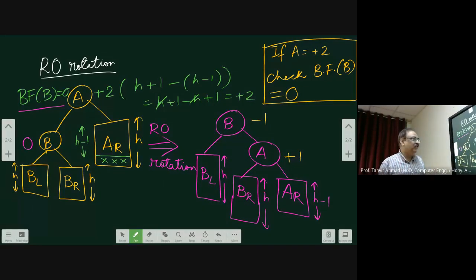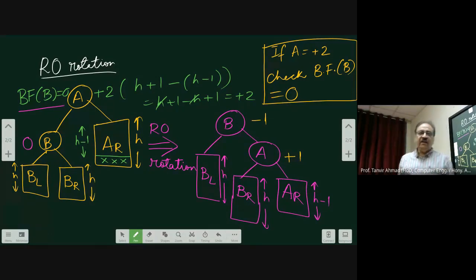Correct? Now let us try to get an example for this. Is it clear to you? Because this is a little tricky: in other cases you were only doing LL and checking the left branch, or RR and checking the right branch. But here, you are deleting in the right branch and checking the left branch.